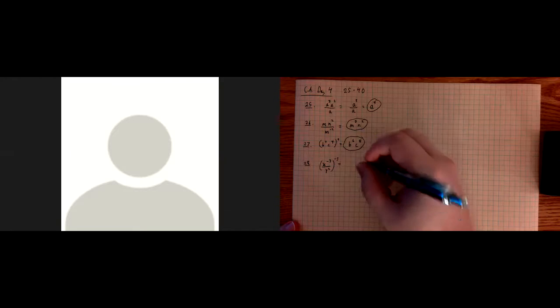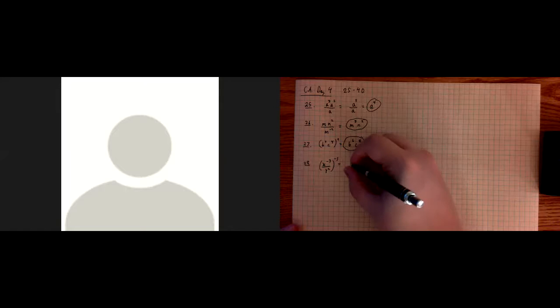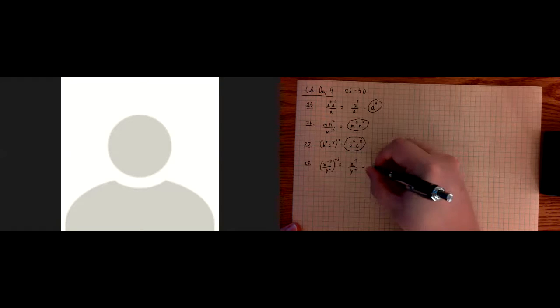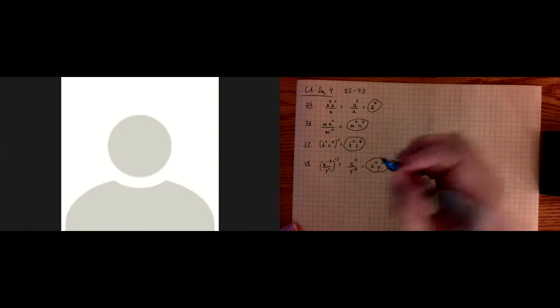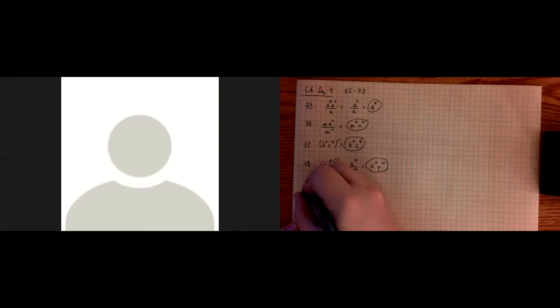You could choose to distribute the negative 5, or you could choose to simplify the negative 5. It all depends on what you want to do. So I want to distribute. That gives me x to the 15th over y to the negative 10th. And the negative powers, remember, always flip. So if it was on the bottom, it is now going to go to the top and become positive. x to the 15th, y to the 10th. That's 29.